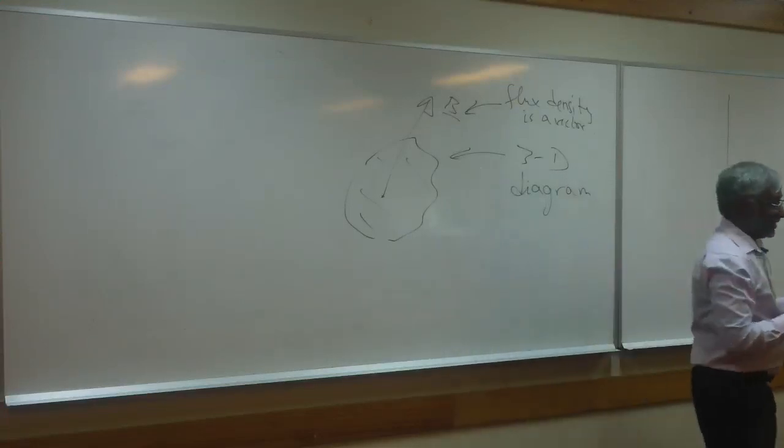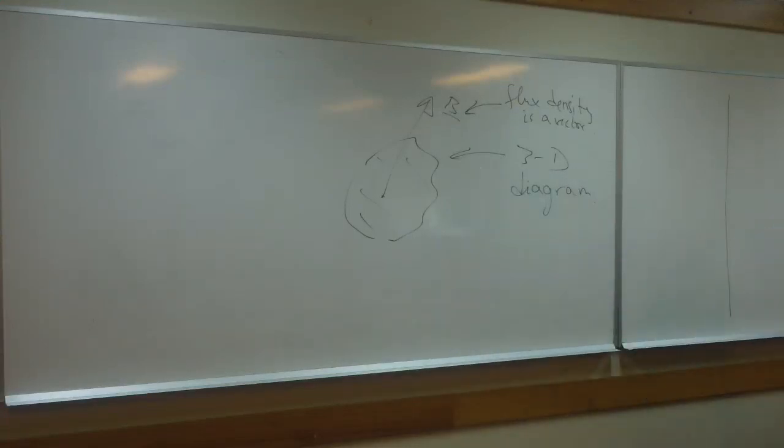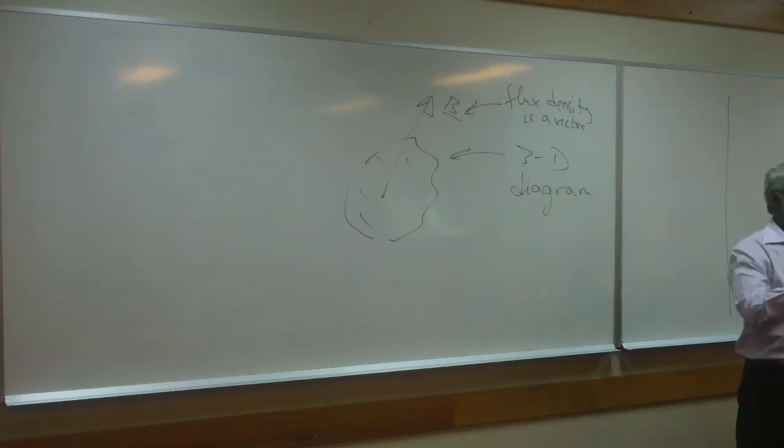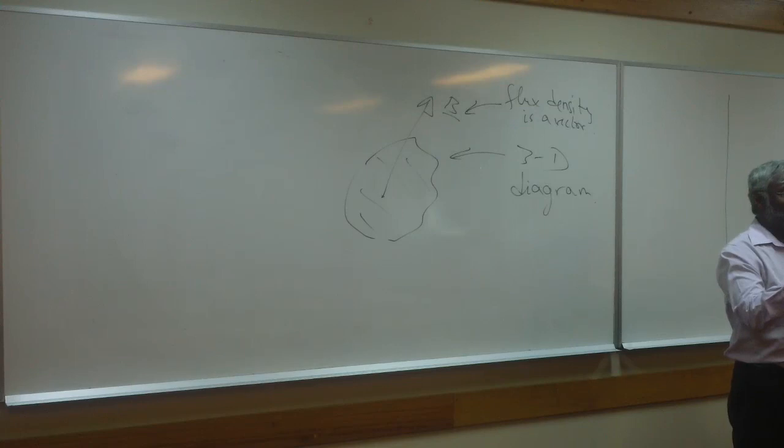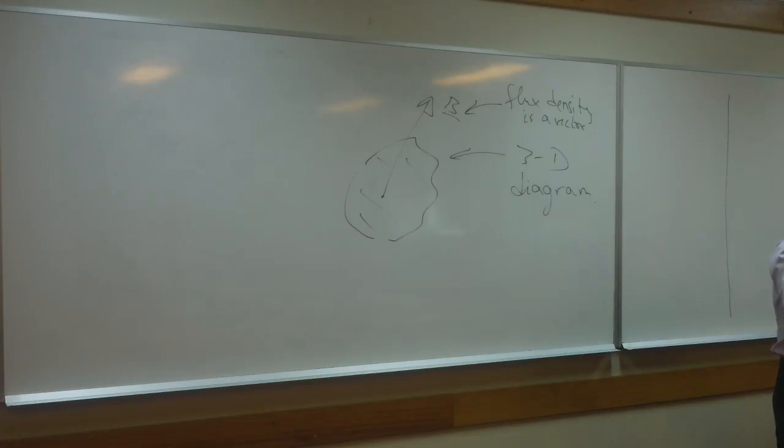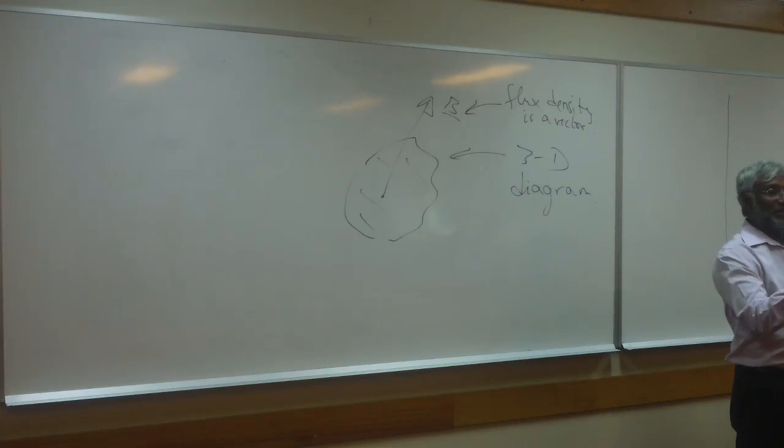So if you were to take an area, say, like this one here, and you say, I want to know how much flux is going through, you can't just take B times A. It would be wrong. You have to look at the area, and you have to look at the flux density. If the flux density was going that way, you will get the maximum amount of flux crossing the area.